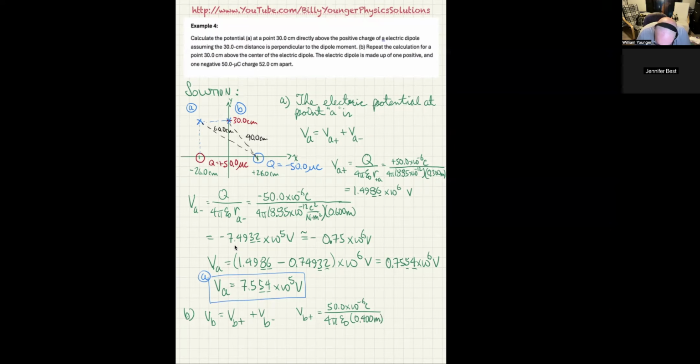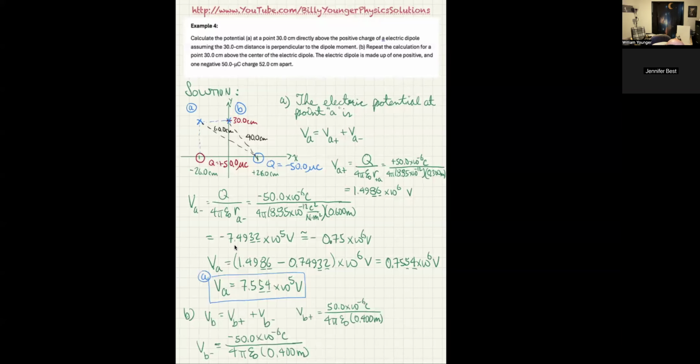And VB minus is going to be negative 50.0 times 10 to the negative 6 coulombs divided by 4 pi epsilon naught, again times 0.400 meters. Now we're going to add those two numbers together.